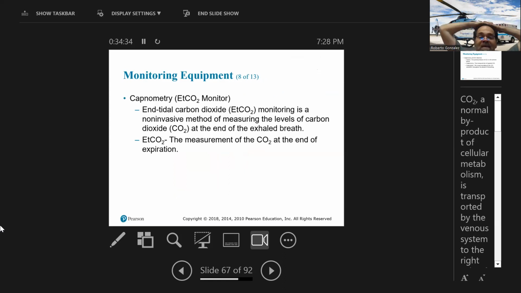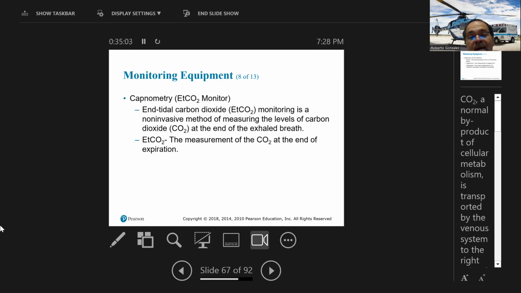Capnometry, which is basically measuring CO2. It tells you how much oxygen you're utilizing by determining how much carbon dioxide you're breathing out. It's a non-invasive method of measuring the levels of carbon dioxide in the exhaled air.